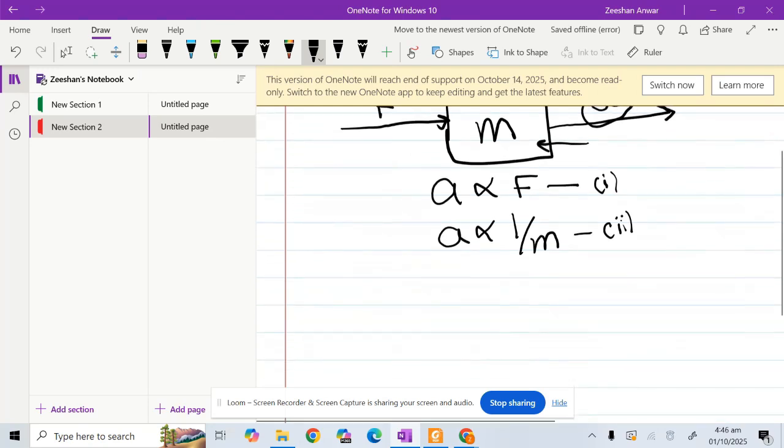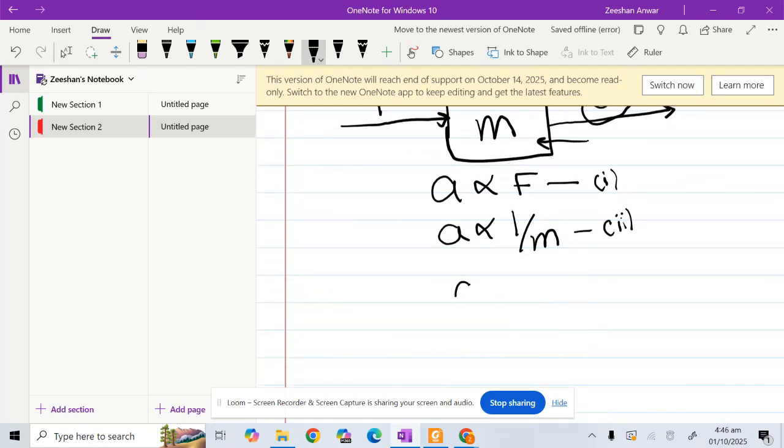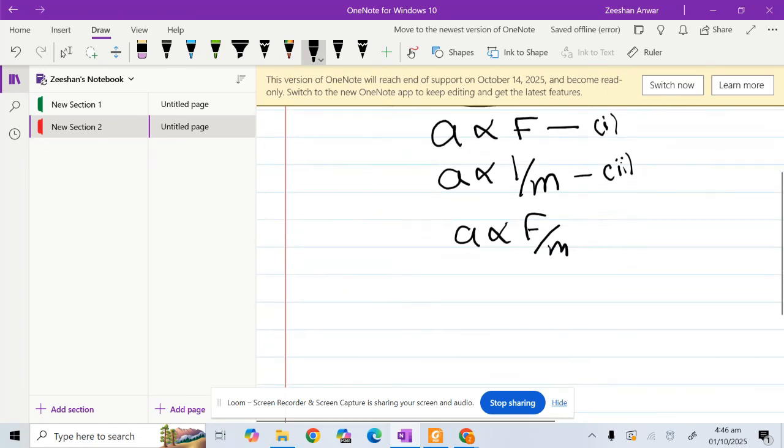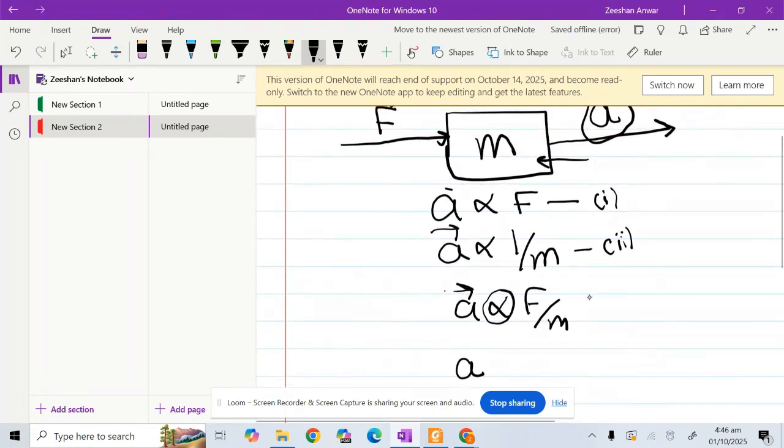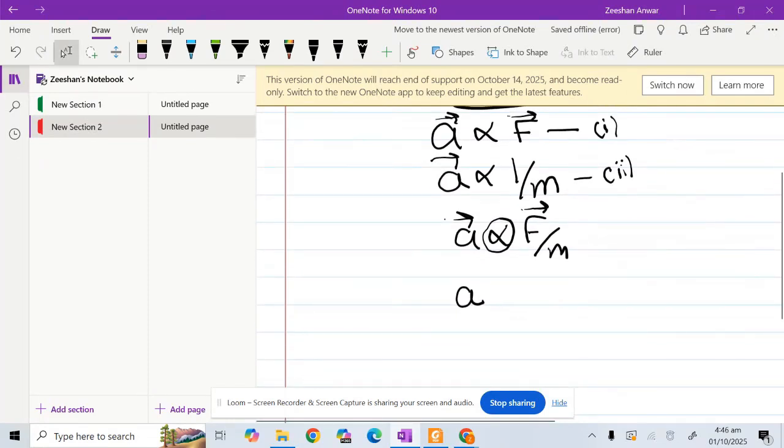So by combining these two equations, it will look like this: a is proportional to F divided by m. By converting this proportionality sign into an equation, we have to use a constant of proportionality here. As you can see, I am drawing an arrow on the acceleration symbol and also on the force symbol.